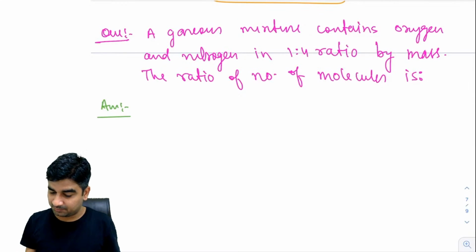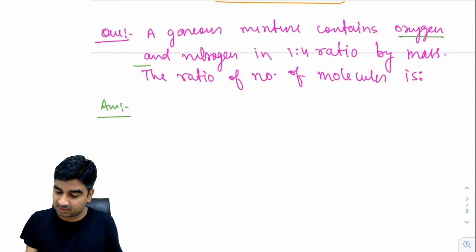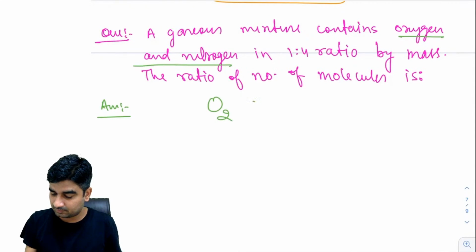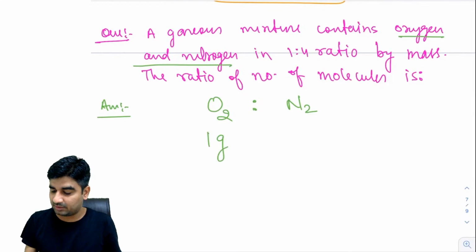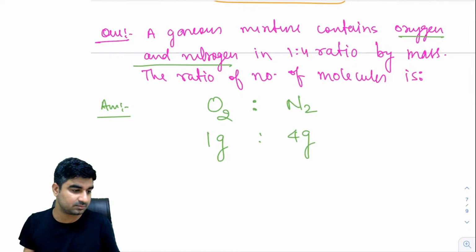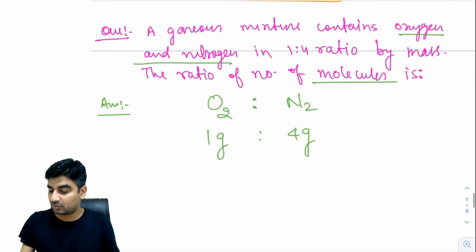So how will you solve? You have a gaseous mixture of oxygen and nitrogen. So it is 1 gram, it is 4 gram. Now you need the ratio of molecules. So molecule is equal to mole.